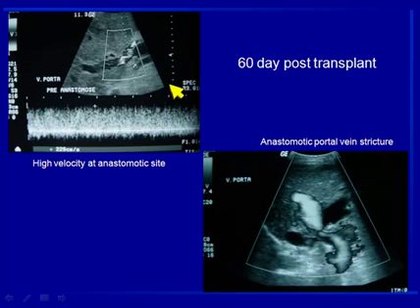In this case, we can see a high velocity at the anastomotic site on Doppler, a velocity of almost 200 or 300, and on Doppler we can see the anastomotic portal vein stricture here.